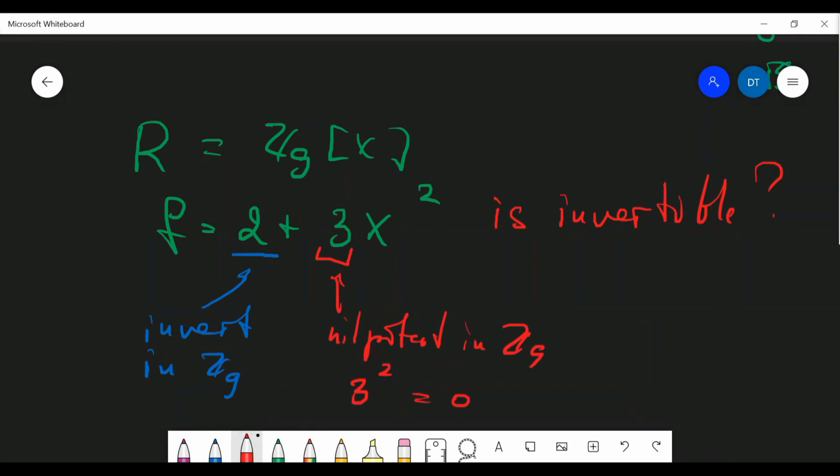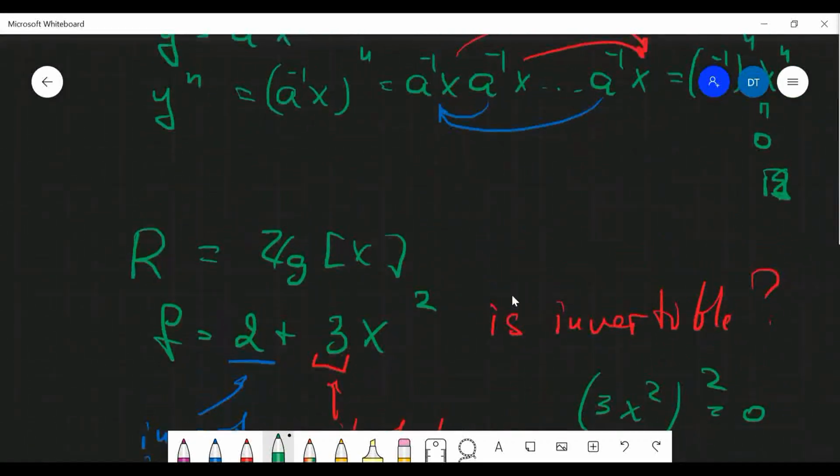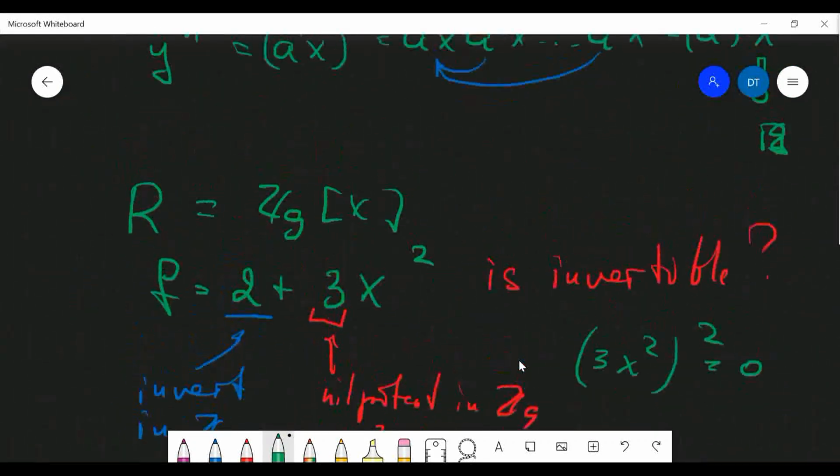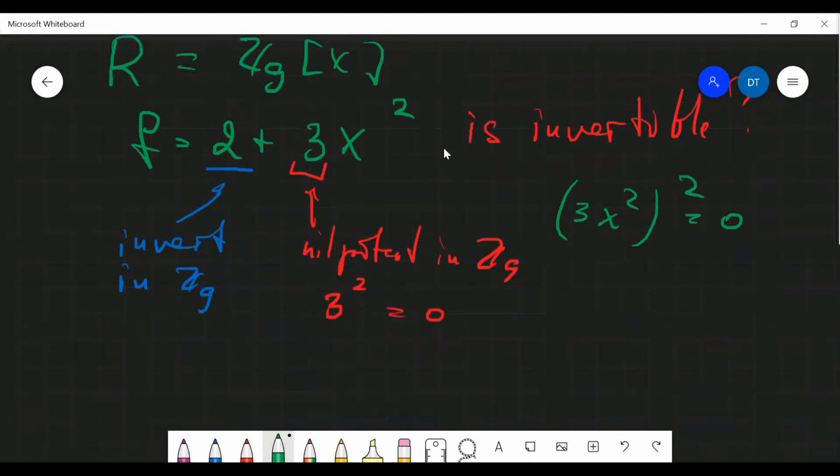But then the whole element 3x squared is nilpotent. Well, because if you multiply a nilpotent element by anything, as we did here, you will get a nilpotent element in a commutative ring, and this ring is commutative. So we have an invertible element plus a nilpotent element, so this one must be invertible.